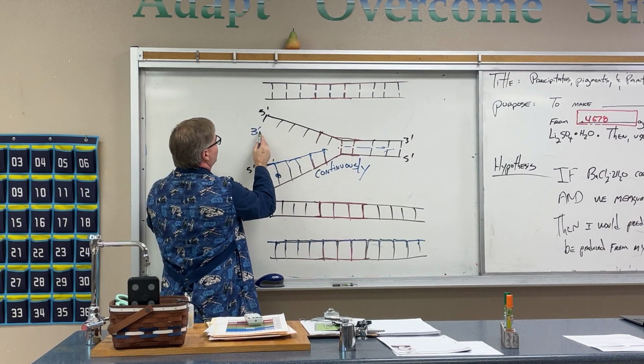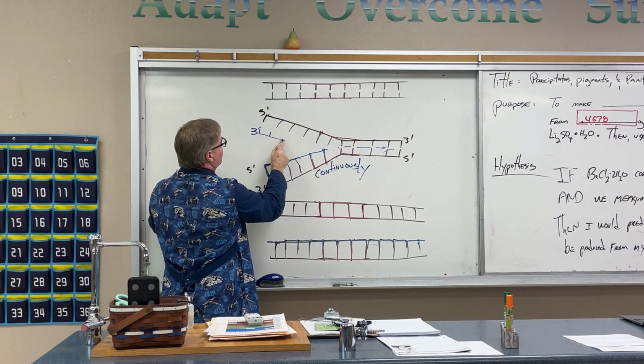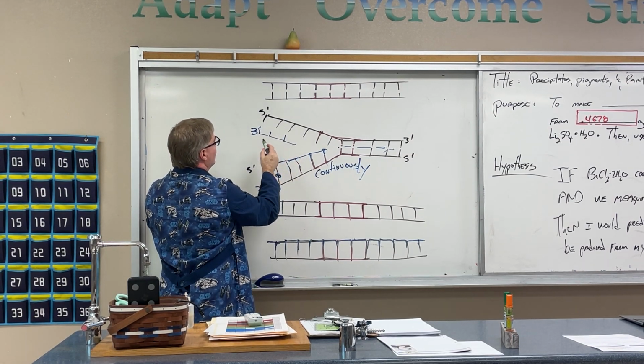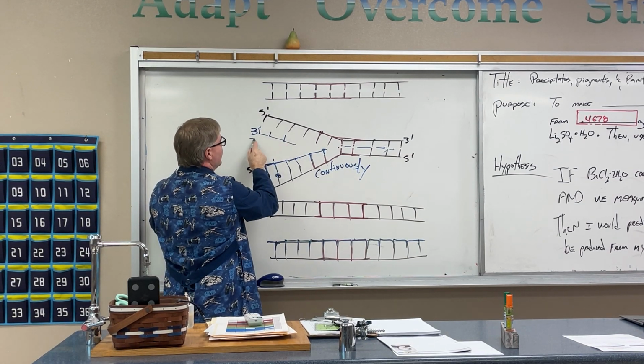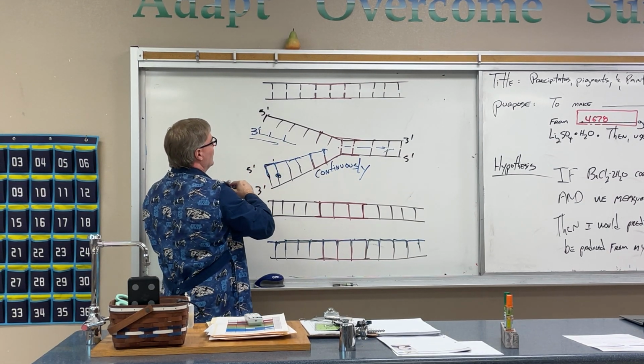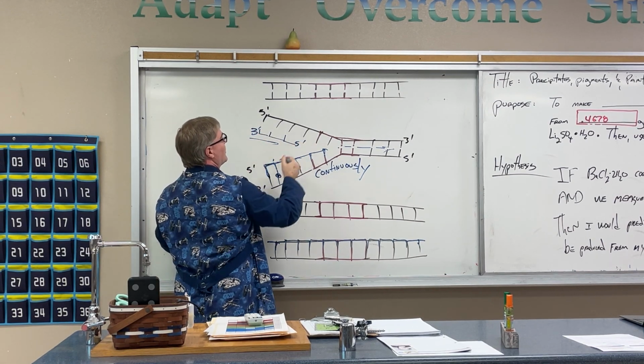And you can't grab a nucleotide and put it here, and then grab a nucleotide and put it here. That's what we did below. That's because we would be building it in the 5' direction. If this is the 3' end, then this end down here would be the 5' end.